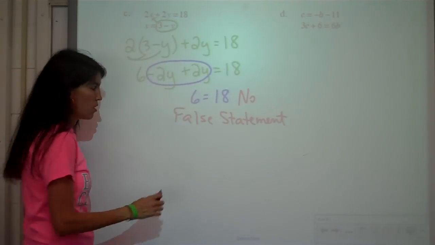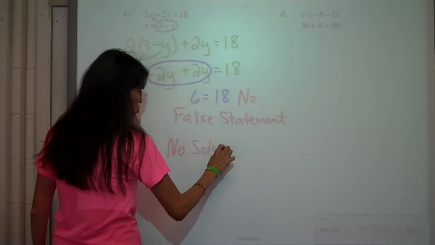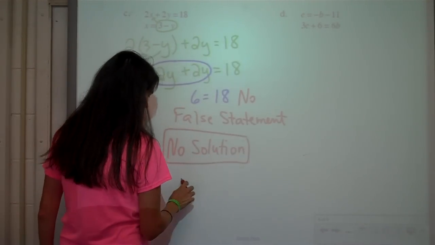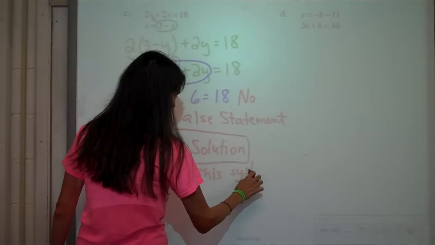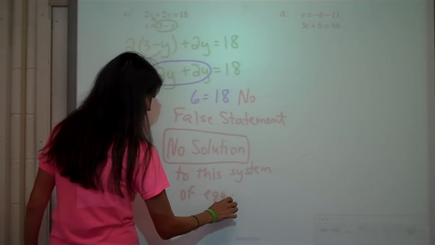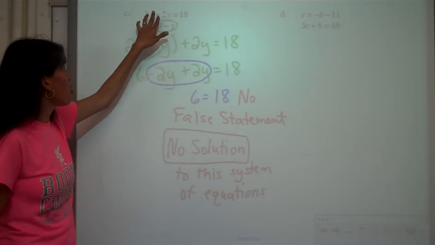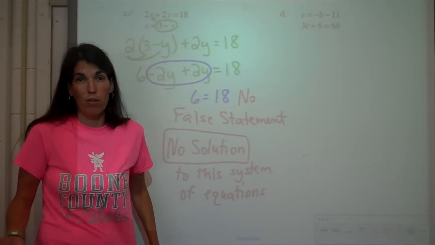That means there is no solution to this system of equations. It means there are no x and y values that I can fill in to make both of them true.